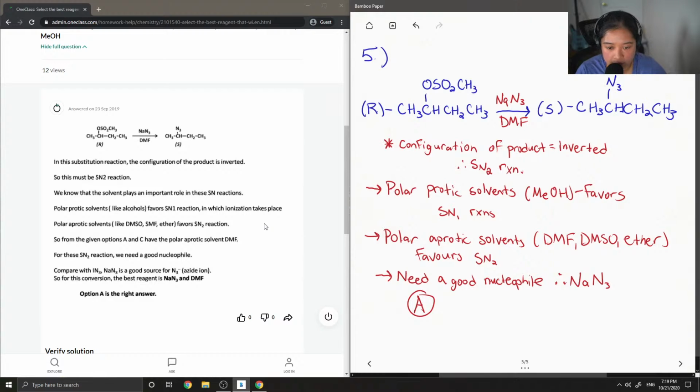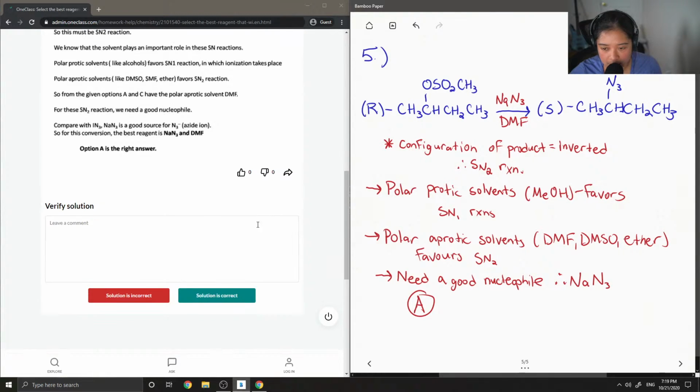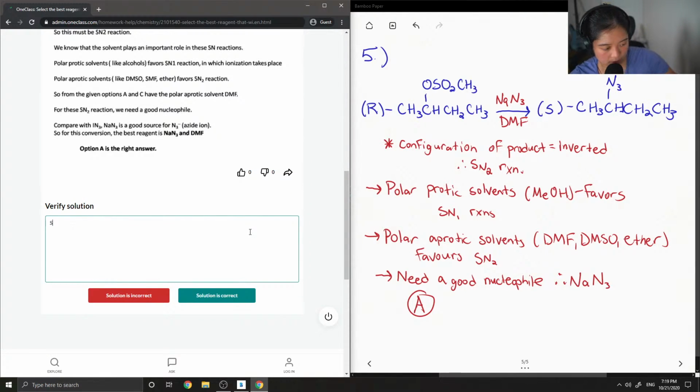So from the given options A and C, with the polar aprotic solvent DMF, for these SN2 reactions, we need a good nucleophile, yep. So when you compare, the sodium is a good source for the azide ion. So for this conversion, the best reagent is the sodium azide and DMF. Great. So this solution is correct.